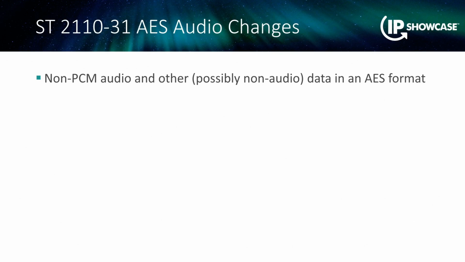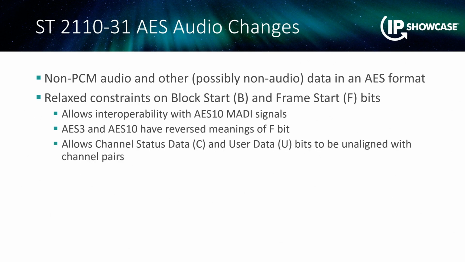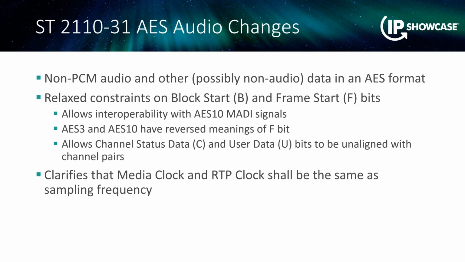2110-31, if you remember, is the spec that defines how to take an AES-3 signal intact through the IP-based 2110 system. We relax the constraints on block start and frame start bits because, as it turns out, they have two different meanings and two different specs within the audio world. So I said, okay, fine, we'll live with whatever you're doing.